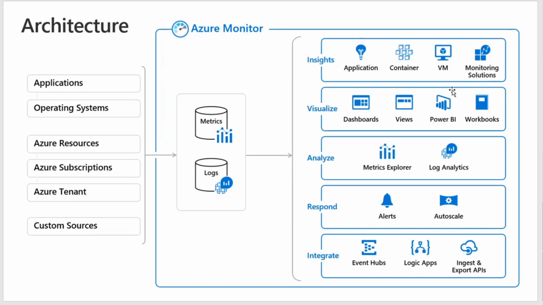For example, if you want to monitor your VMs in GCP or AWS, as long as you install the agent and the firewall is configured properly, that's absolutely possible. So that's the data source, and then we have the data store.